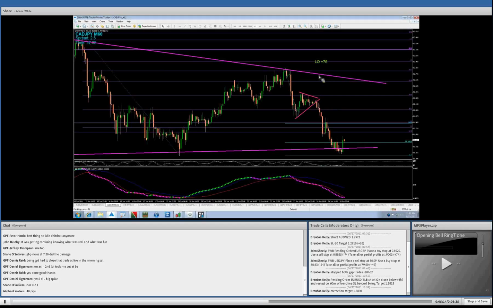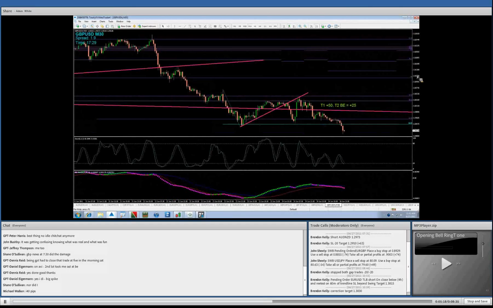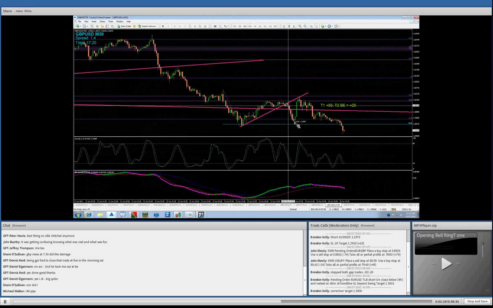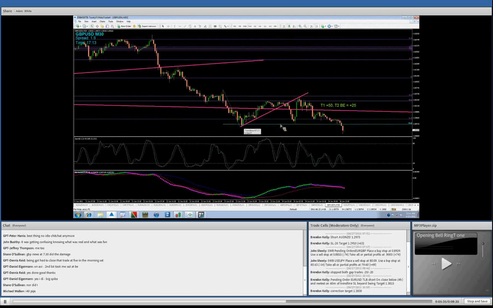Then there was the pound dollar, which hit T1. It worked on a 15, 30 or a 60-minute chart, the entry on the pound dollar. I took out T1 at 50 pips, and then it stopped me out at break even on the second lot.